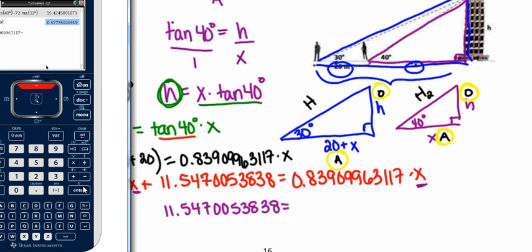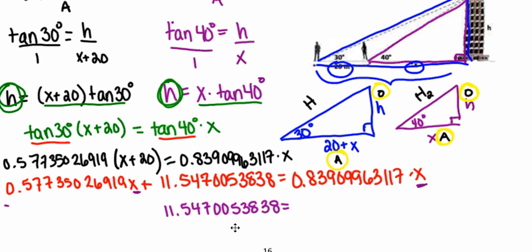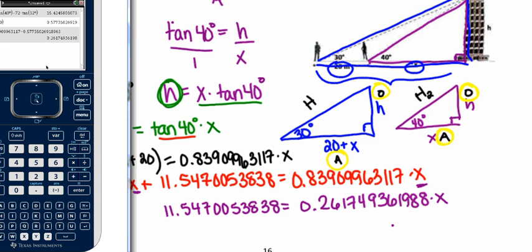If I want to, I can capture that number and pull it down, which will save you some work as you're entering decimals into the calculator. And again, make sure that you include all of those decimals in your work. And this is times x.